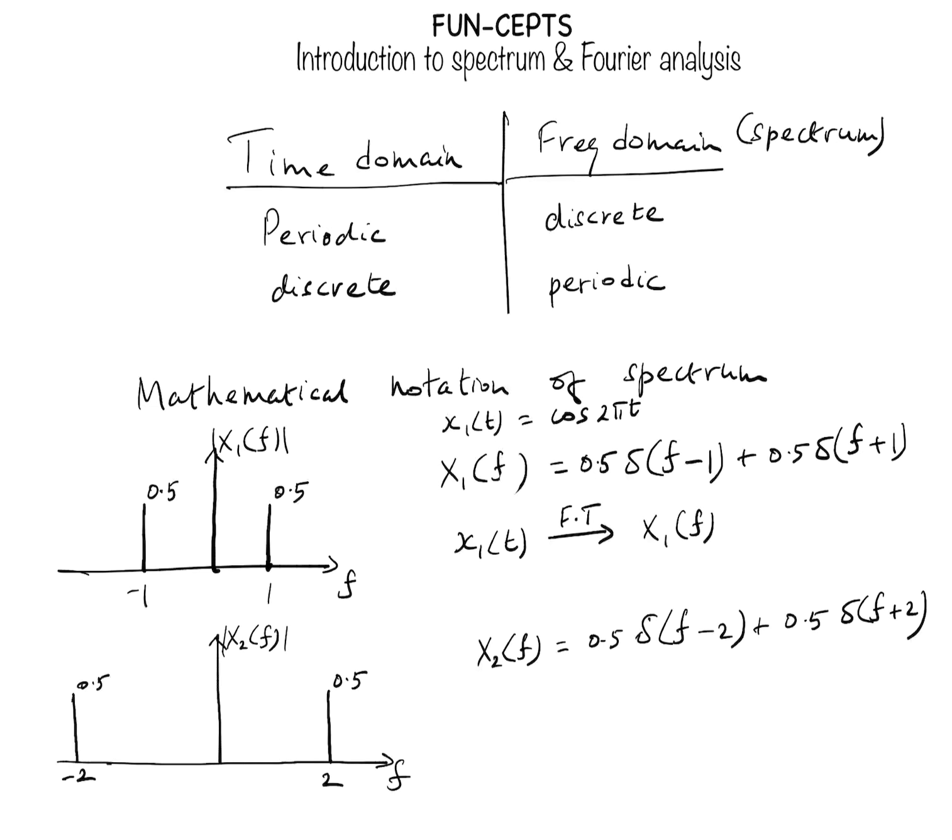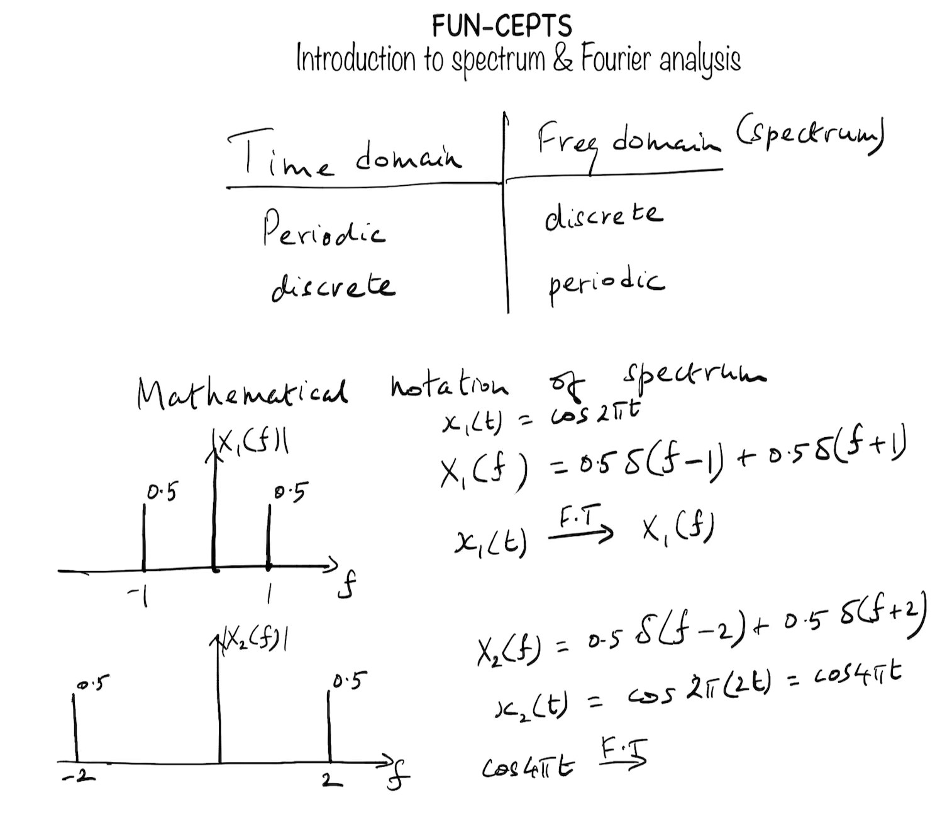Similarly, if we had to write for x2 of t, it will be x2 of t is equal to cosine 2 pi ft. F is 2 Hz, 2 pi into 2t, which we can simply write as cosine 4 pi t. So that means if we had taken cosine 4 pi t and applied the Fourier transform to this, the answer would be what we have got here on top.